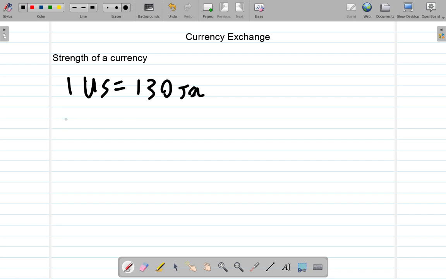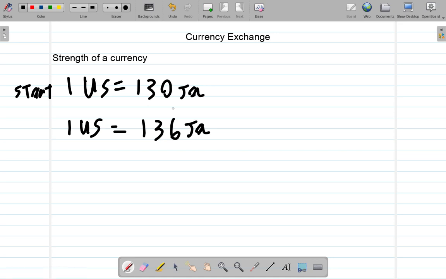Alright? At the start of that period, this was happening. Later on, one US dollar was selling for 136 Jamaican dollars.